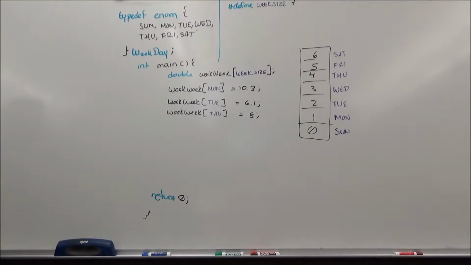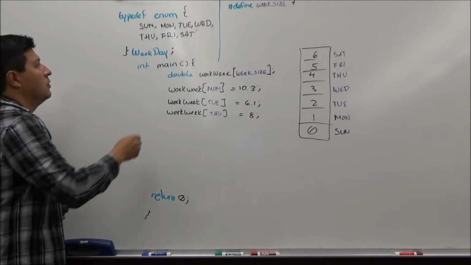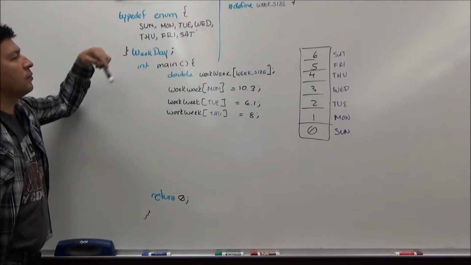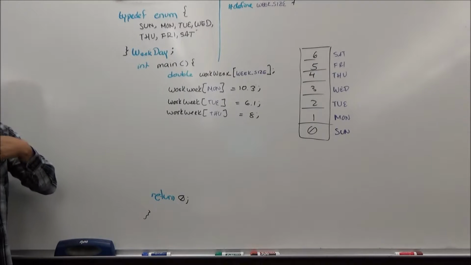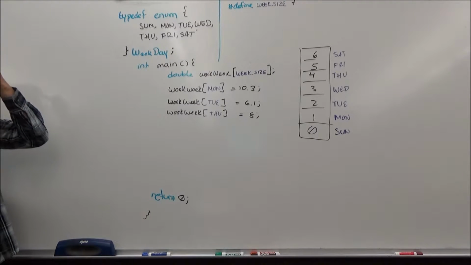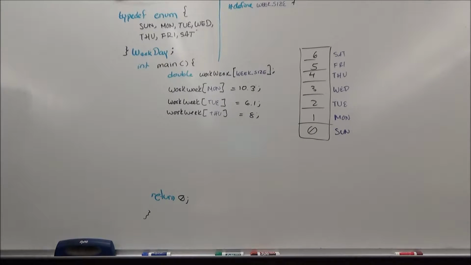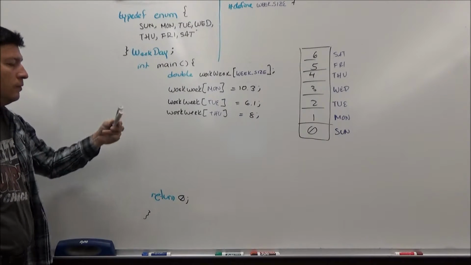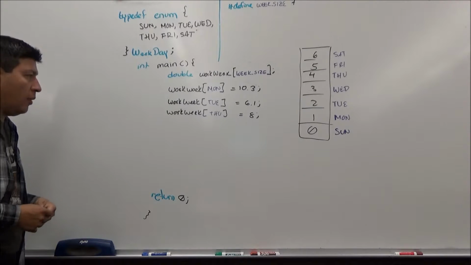Whatever. So I can use this as, it's like using the define. In reality, I made an array of integers from 0 to 6, and I create my own type.